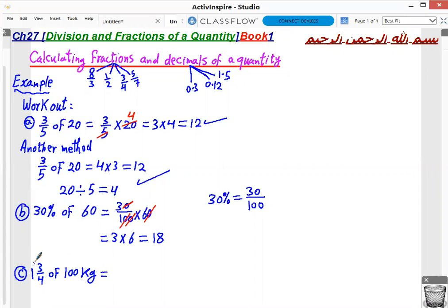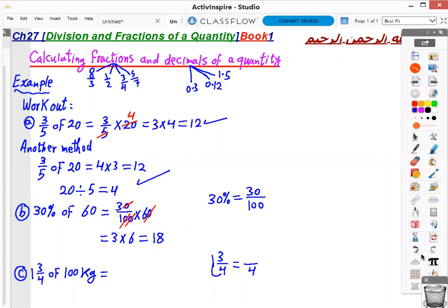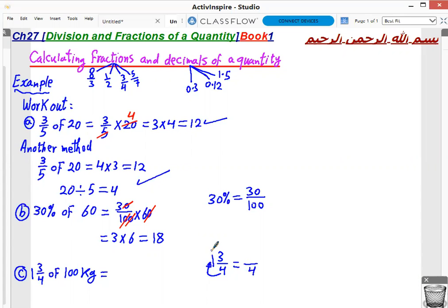First, you must convert 1 and 3 over 4 from a mixed number into a fraction. How? You put 4 down. And how can we get the numerator? Multiply, then plus. Multiply 4 by 1, then the result plus 3.